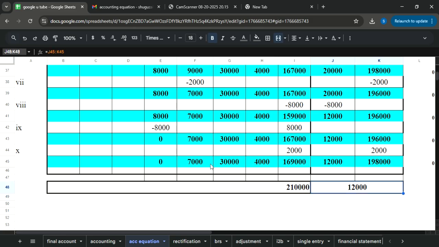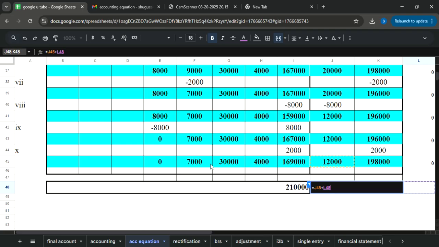We will have to take the sum again. First this 12,000, then 198,000. So 198,000 plus 12,000, we have got 2,10,000. As you can see, the totals of both sides are equal.